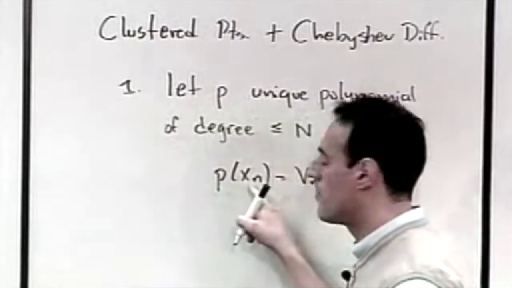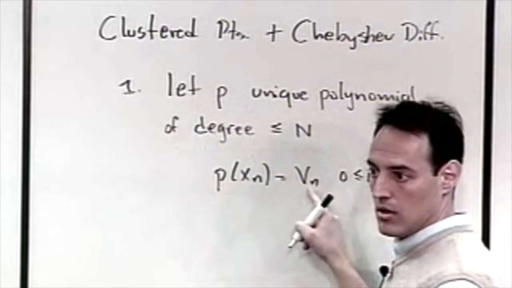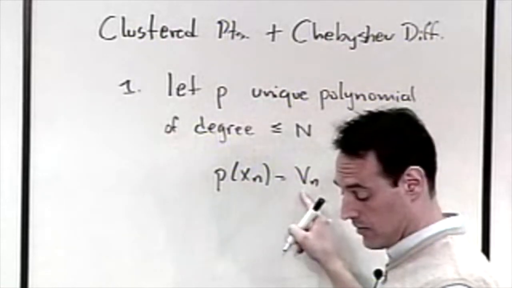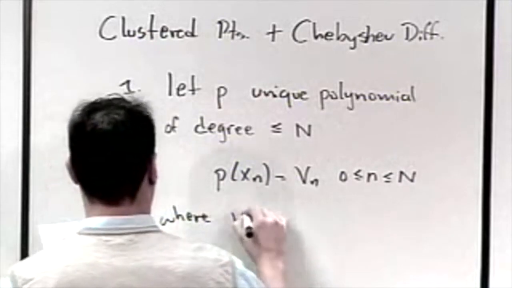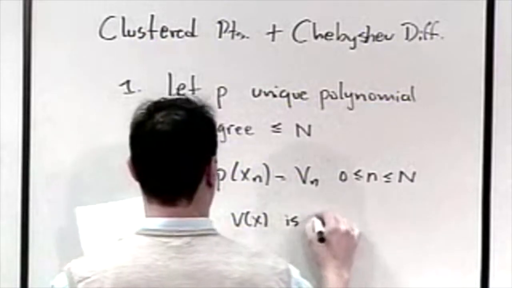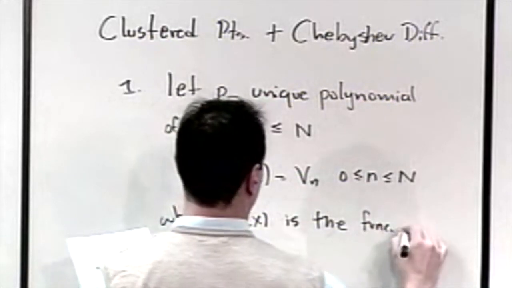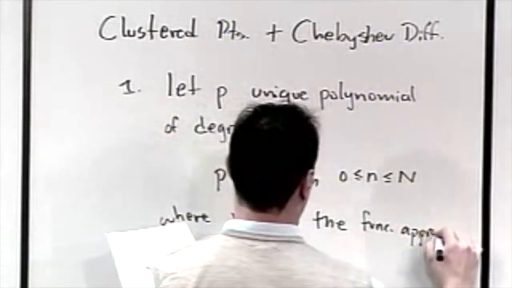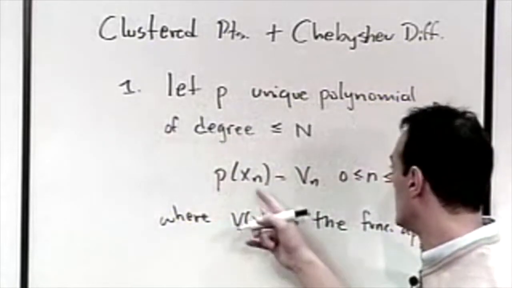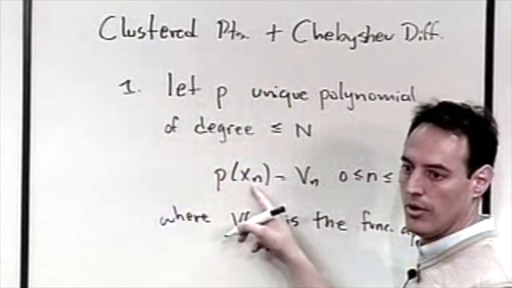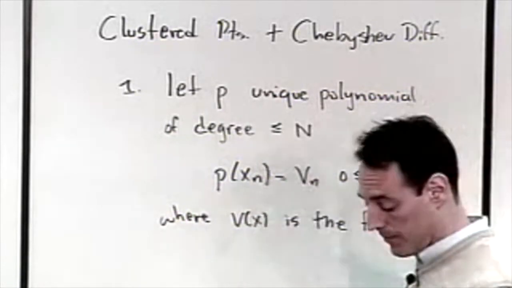So every point of this polynomial goes through a point of what the function is, where v of x is the function we're approximating. So we're trying to approximate this function v of x, and we put a polynomial through it. It goes through a bunch of the points with some degree. Okay?